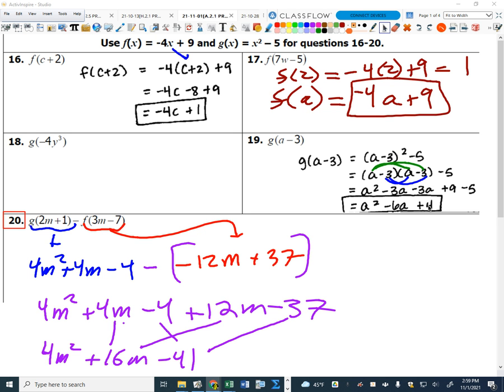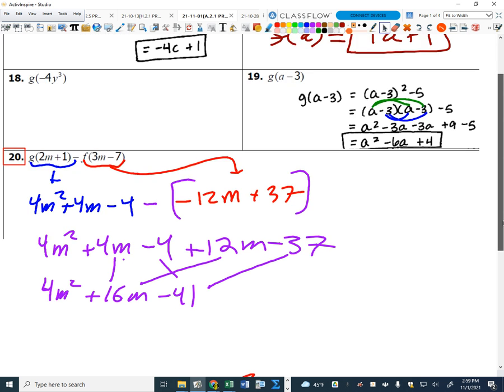Okay? What if we have an expression involving multiple functions like this? g of 2m plus 1 minus f of 3m minus 7. That's all right. We're just going to figure out what the output is for g when I input 2m plus 1. That's one little mini problem all on its own. So we input 2m plus 1 into g, and what did we get when we did that?